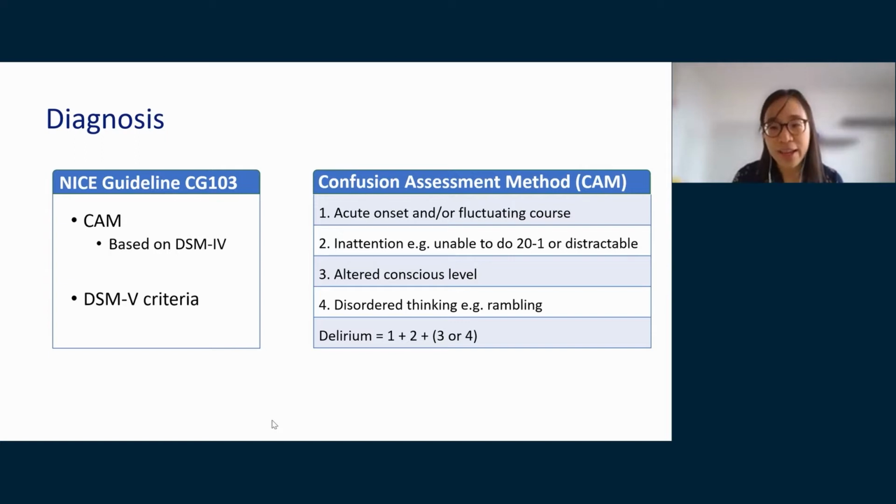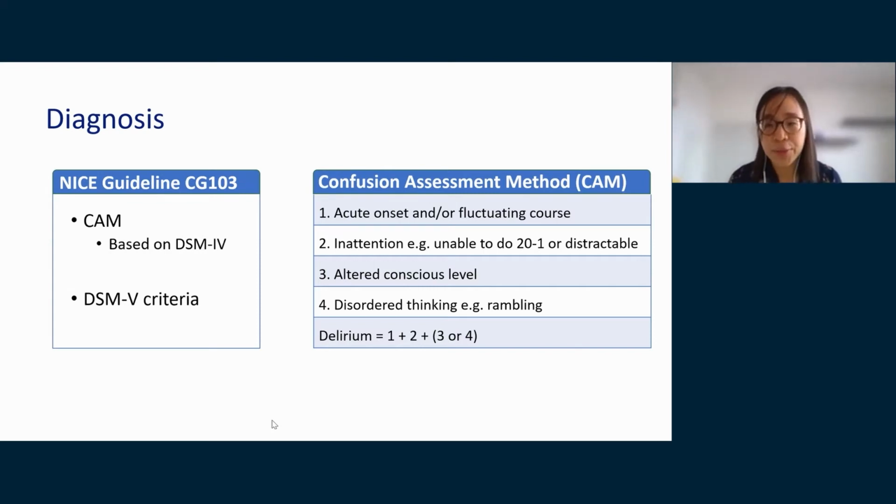Inattention can be tested by getting the patient to do backward counting from 20 to 1, or even just by observing a patient being easily distractible. In terms of a change in conscious level, in patients with hyperactive delirium, they may appear hypervigilant, and in patients with hypoactive delirium, they will appear sleepy or drowsy.